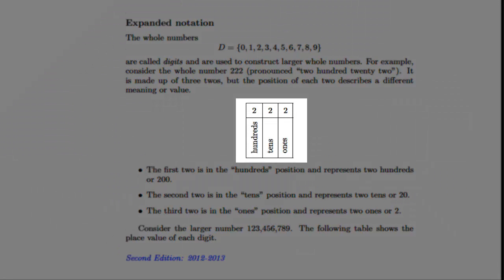The first 2 is in the hundreds position and represents 2 hundreds or 200. The second 2 is in the tens position and represents 2 tens or 20. The third 2 is in the ones position and represents 2 ones or 2.